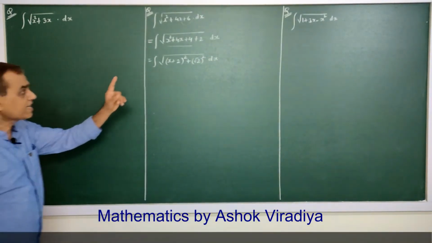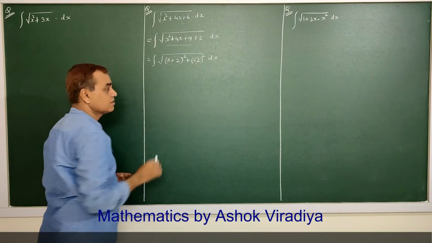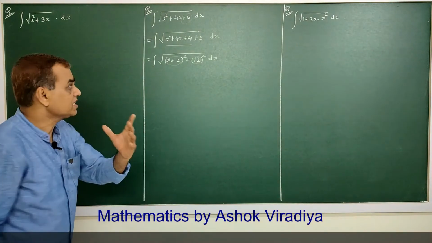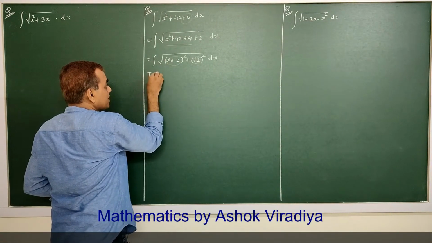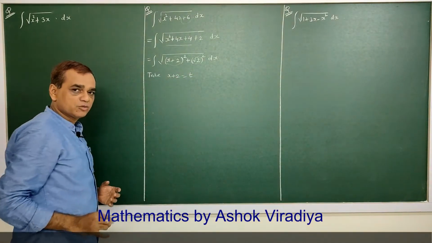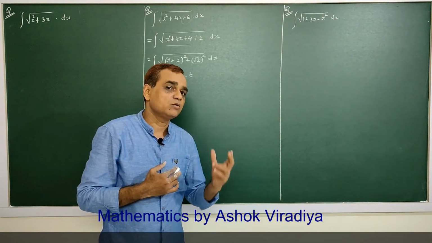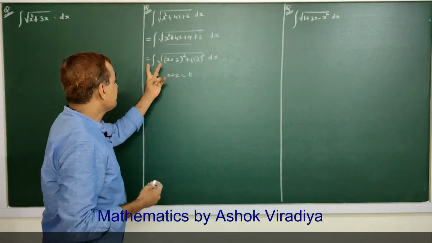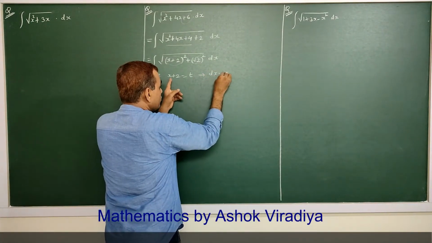Now see, here we are getting the pattern of root x square plus a square. So here we take a substitution: take x plus 2 equal to t. So putting there t, we can have the exact pattern of that formula, root x square plus a square. So if x plus 2 is t, then dx is equal to dt.